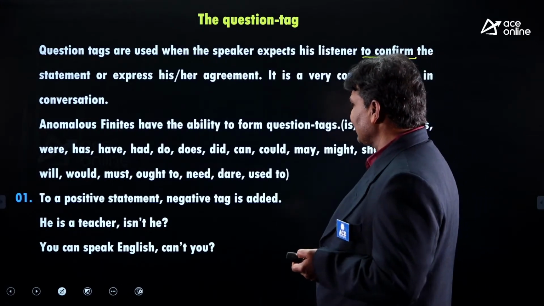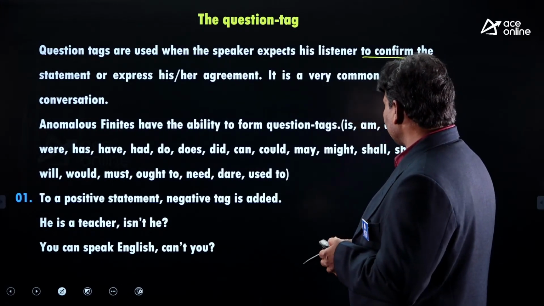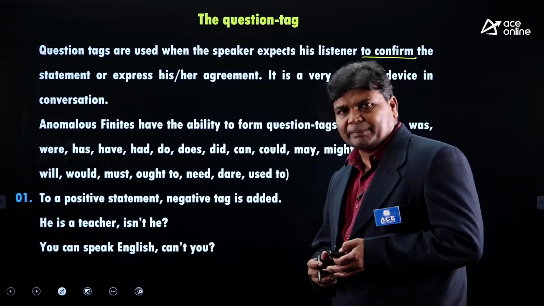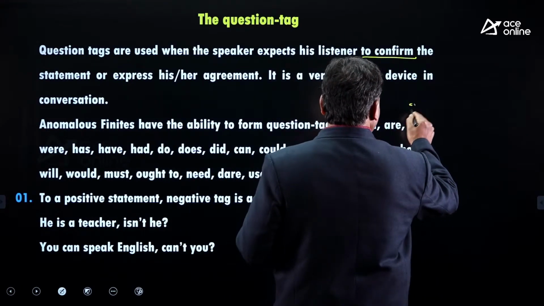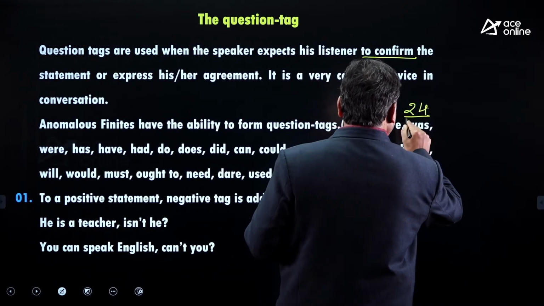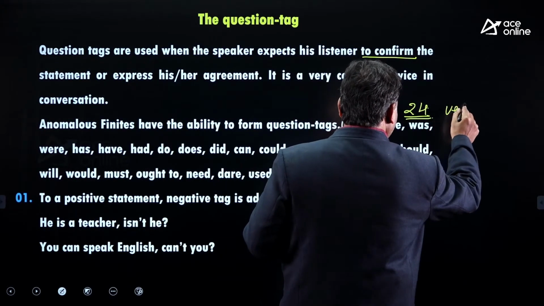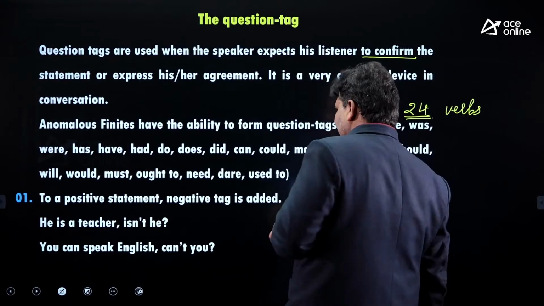Anomalous finites have the ability to form question tags. What are these anomalous finites? There are 24 anomalous finite verbs, students. In other words, I call them helping verbs.